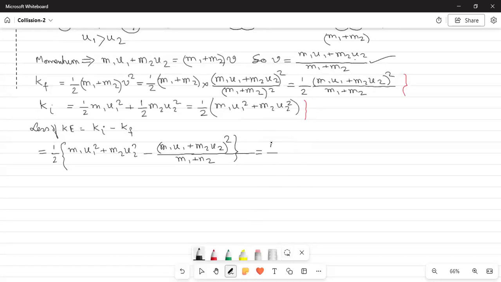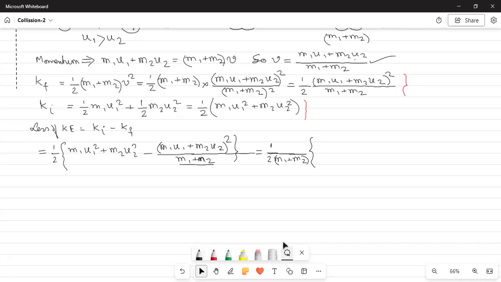Let us take 1 by 2 (M1 plus M2) outside. This M1 plus M2 we take outside. Then what we have here, M1 will be multiplied by this M1.